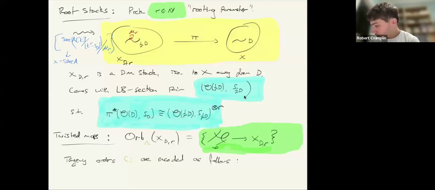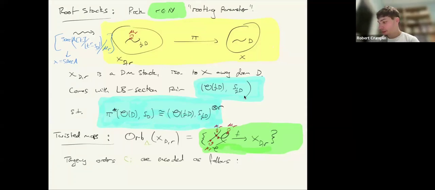from curly C to X D R, where these curly C's are now curves which have finitely many stacky points, perhaps at the nodes. And these stacky points really have additional data of mu R, roots of unity, as automorphism.